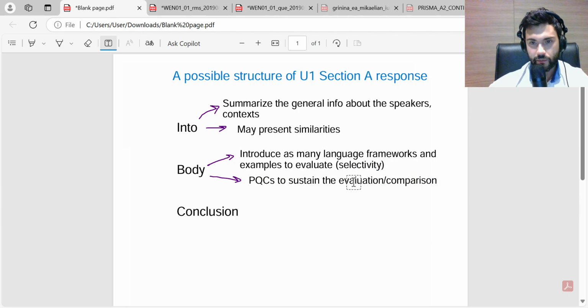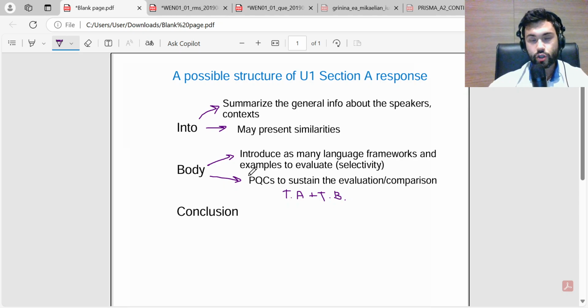Actually, one wants to sustain the balance between your evaluation and comparison, which means that you want to give examples from both text A and also text B. Which means that it's a good idea to introduce points that help you to make a comparison, just like we did with that example of using lexical repetitions.